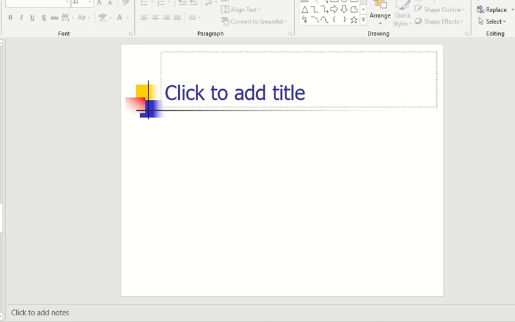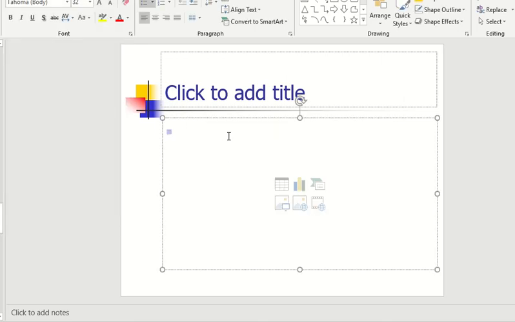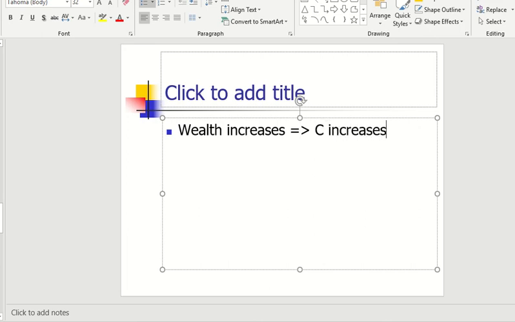What is likely to happen is that consumption increases.